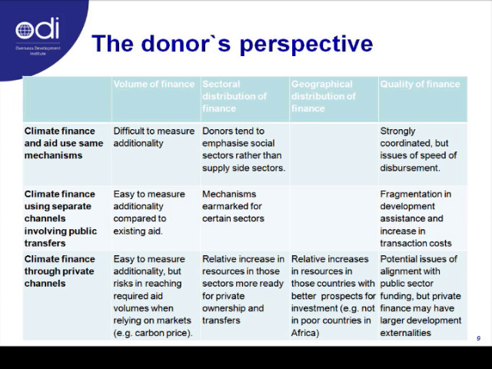But of course, there is stronger coordination. So if climate finance is separate from development finance, it is probably easier to measure additionality. But probably there is a problem of transaction cost and fragmentation in the aid.